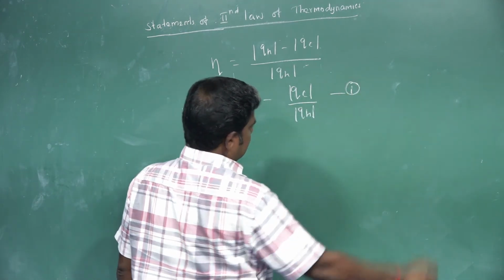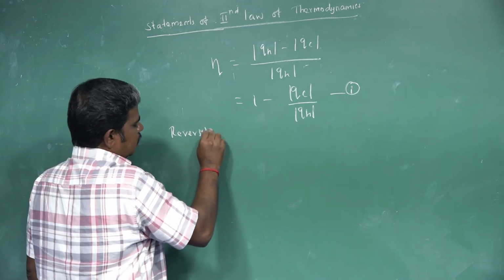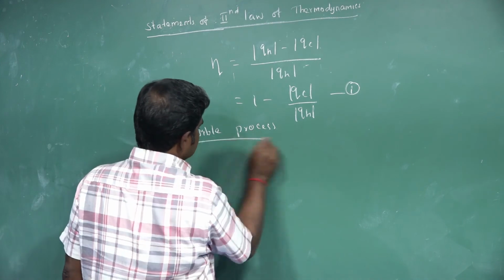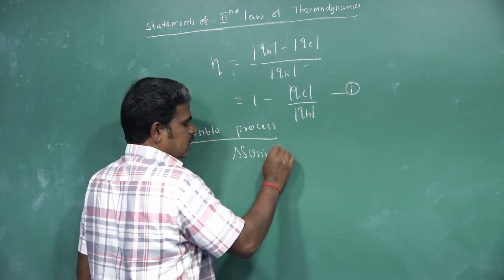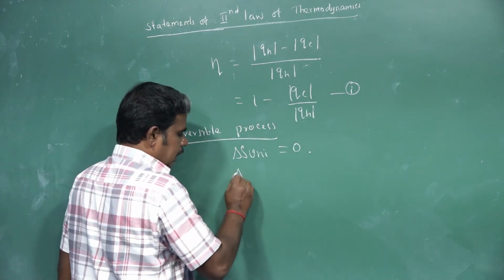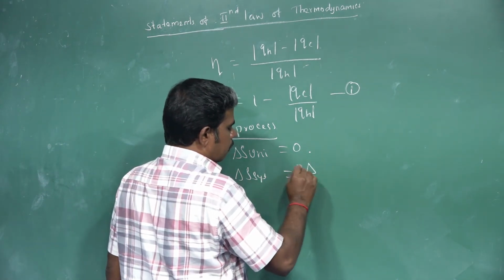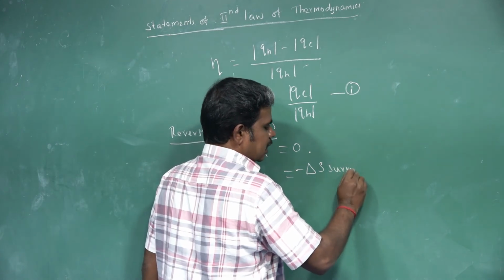Now for a reversible process, what is the condition? Delta S universe is equal to 0. Then delta S system is equal to minus delta S surrounding.